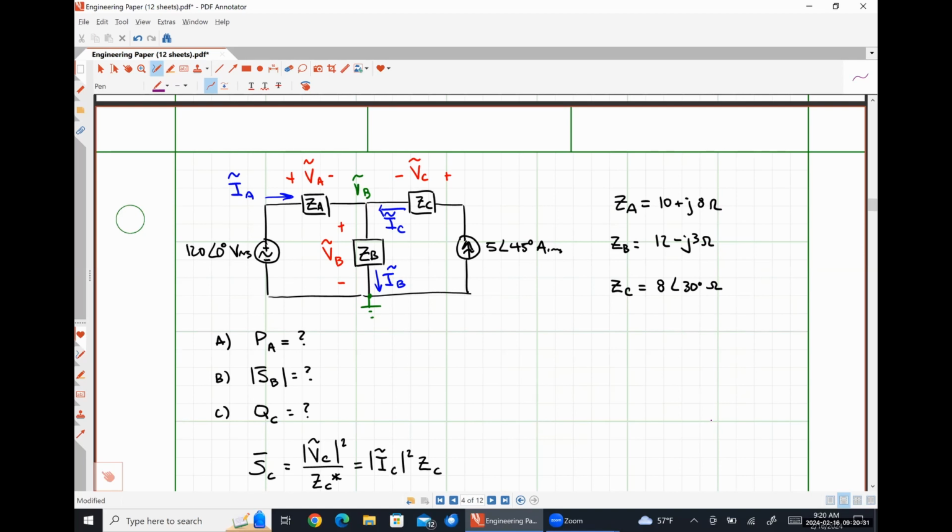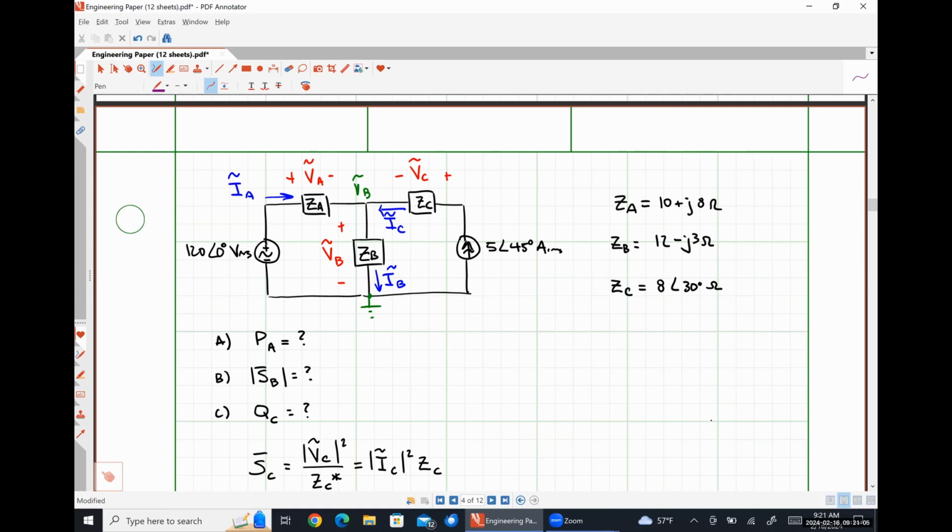So how might we go about doing that? Recall that we know what VB is, and we know what IC is at this point. So we could do KVL around the left-hand loop to figure out VA, or we could do KCL at the top middle node to figure out IA.